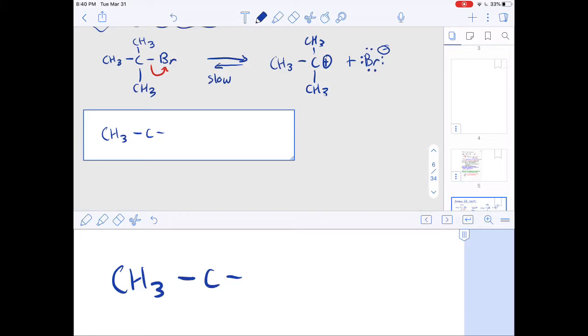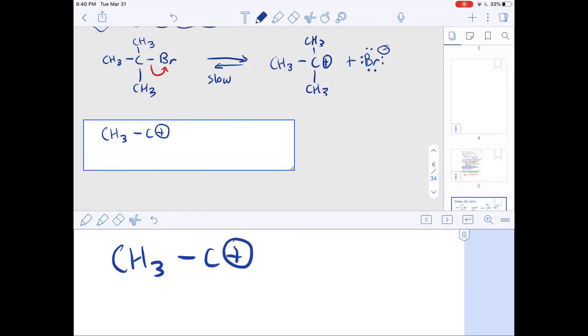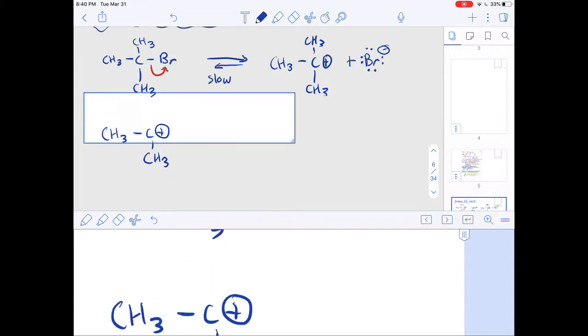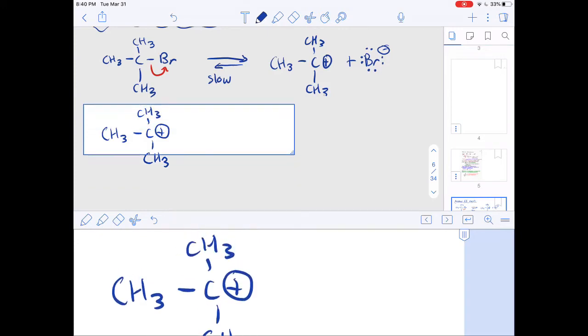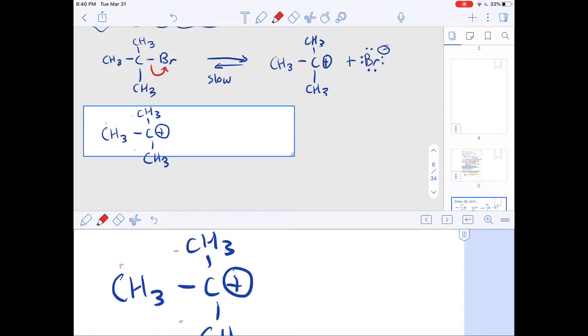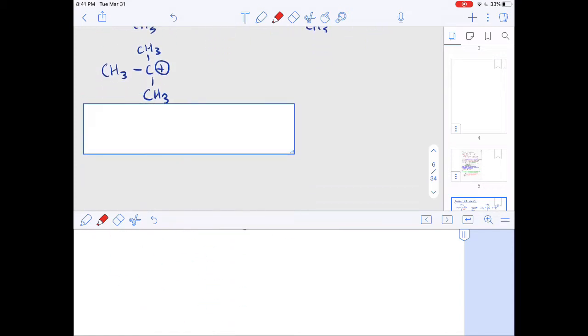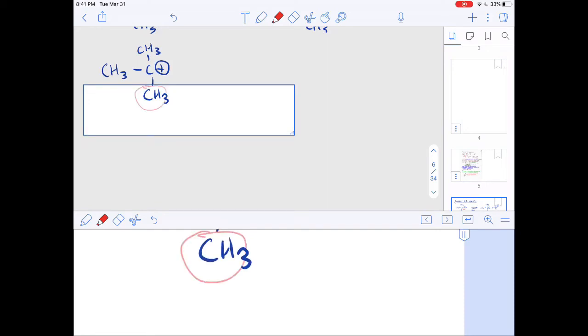And your base, in this case, I'm going to use water, because you can use a weak base for E1 reactions. So let me draw this out. It's going to pull off the hydrogen that is going to give you the more stable double bond. In this case, it doesn't really matter because every single one of these carbons is pretty much equivalent around the center carbon. So I'm just going to draw it pulling off one of these H's.